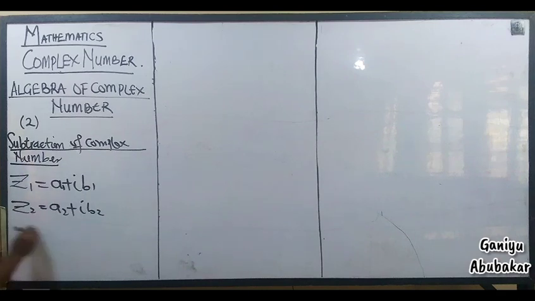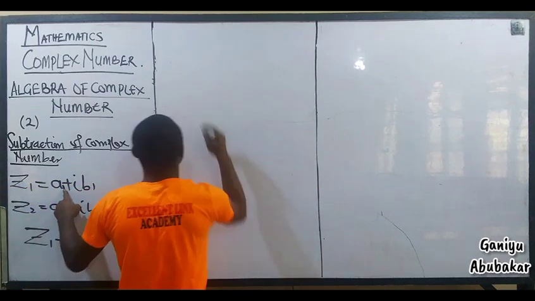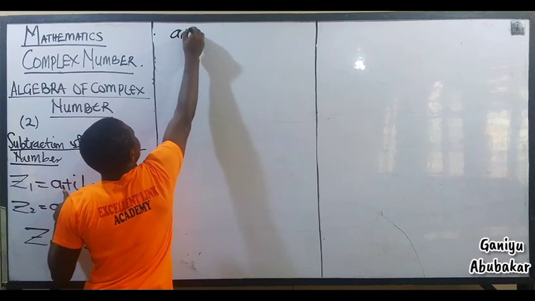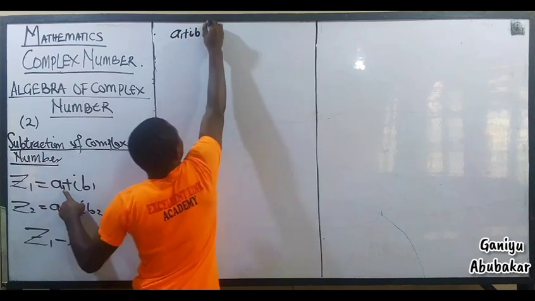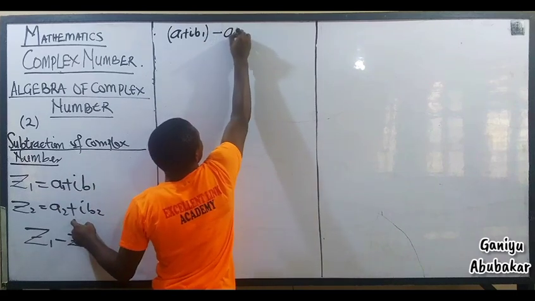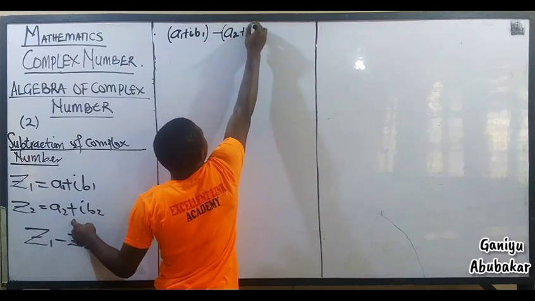Hence z1 minus z2 becomes a1 plus ib1, minus a2 plus ib2.